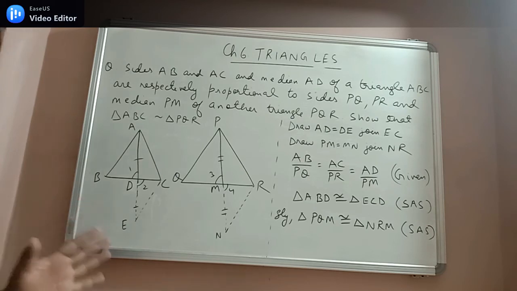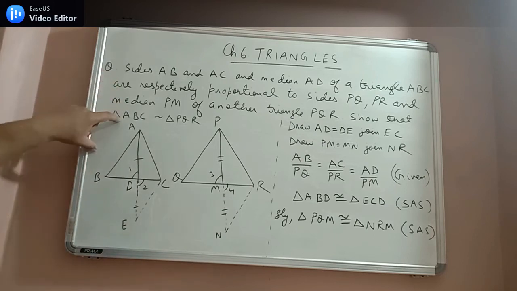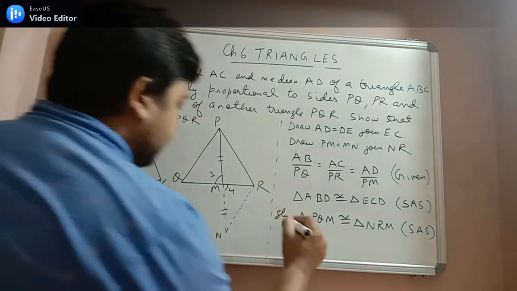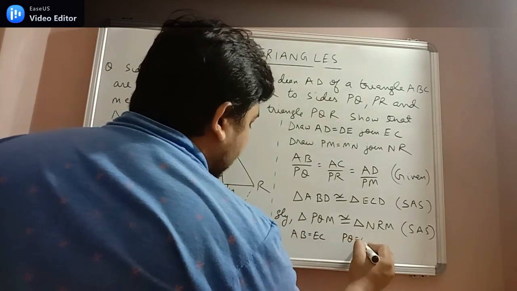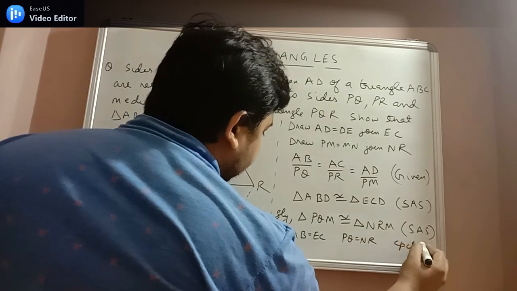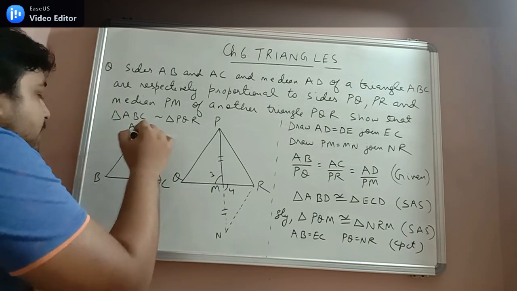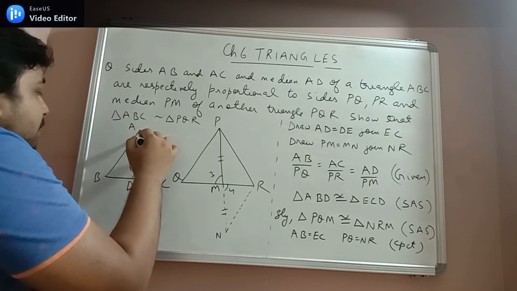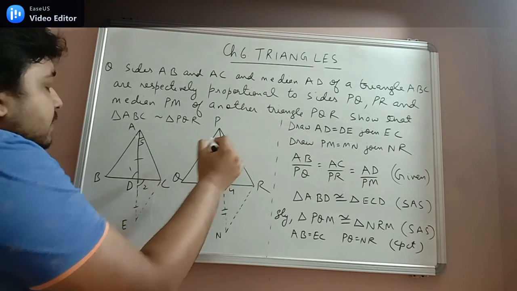Now once I get these two pairs of triangles as congruent, I can say that AB is equal to EC and PQ is equal to NR by CPCT. Now let's call this angle as angle 5 and this angle as angle 6.